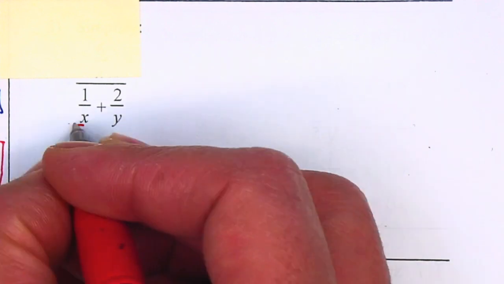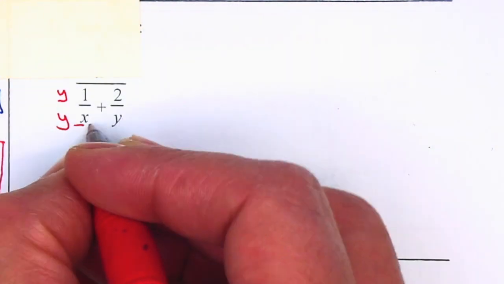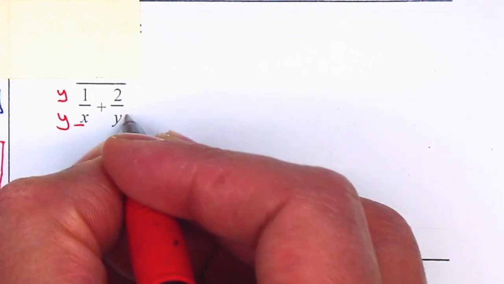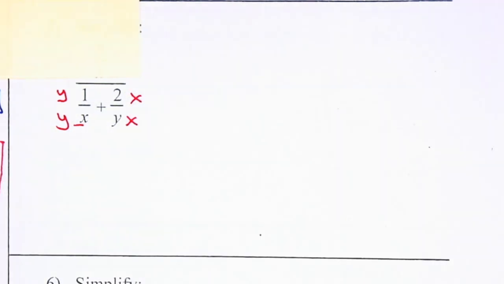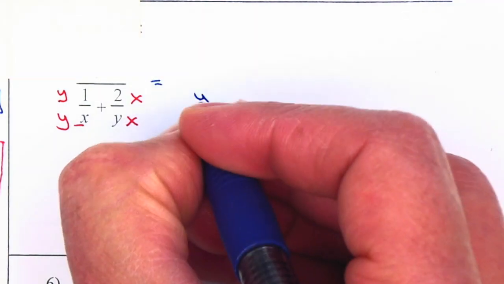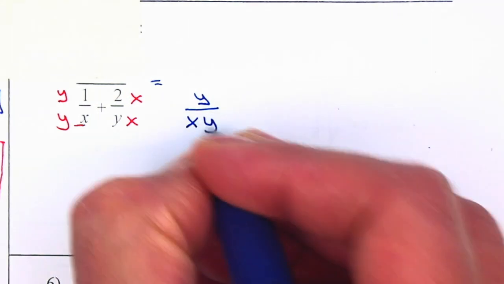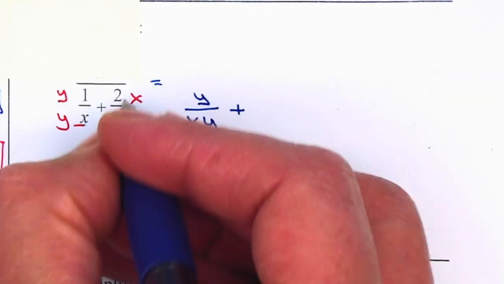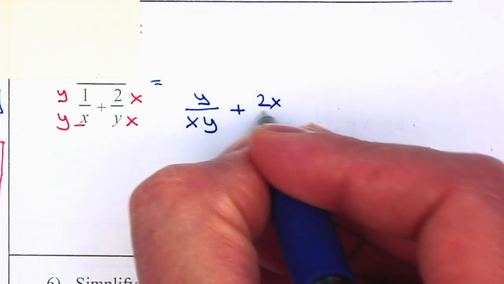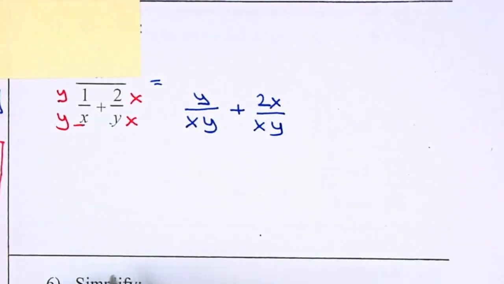So I'm going to multiply this by y. This one will make the same denominator, so I'm going to need an x. I'm going to have y times 1 will give me 1y, or just y, and yx. I'm going to write that now in alphabetical order, xy, plus 2 times x will give me 2x over y times x will give me xy.